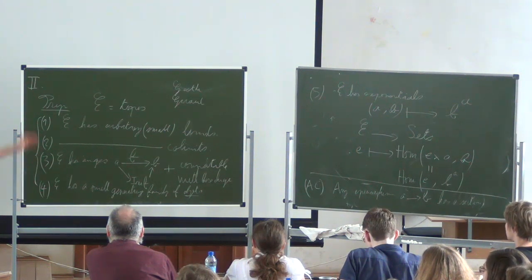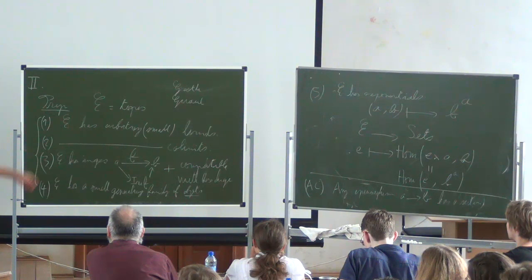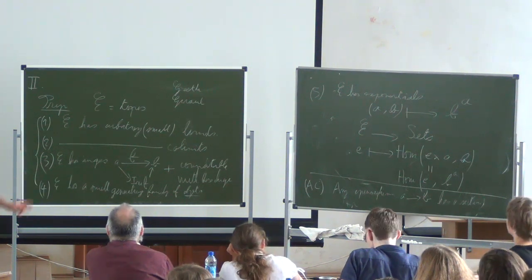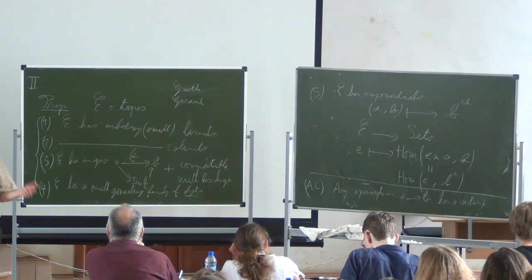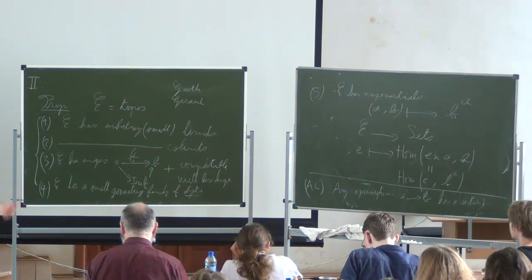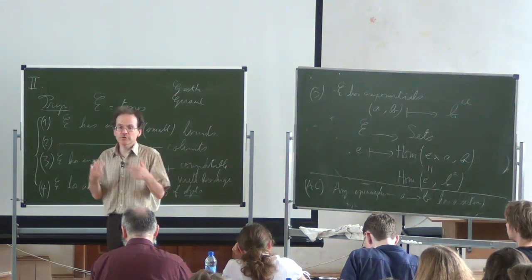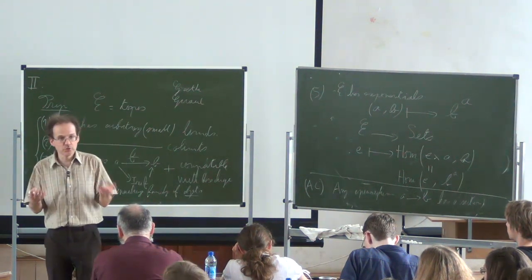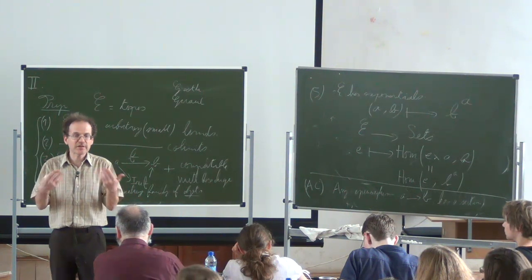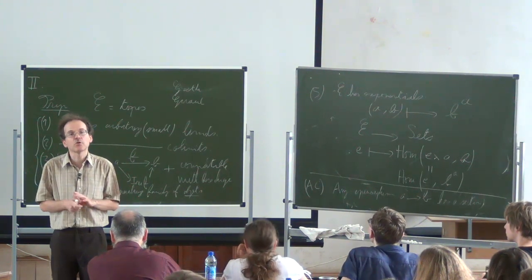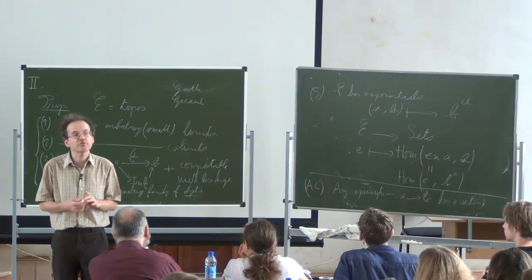Okay, but this is enough to characterize toposes. This means that when you have a category verifying these properties, it is equivalent to the category of sheaves on a site. In fact, this characterization is quite useful because it allows you to immediately say that many natural categories are toposes.